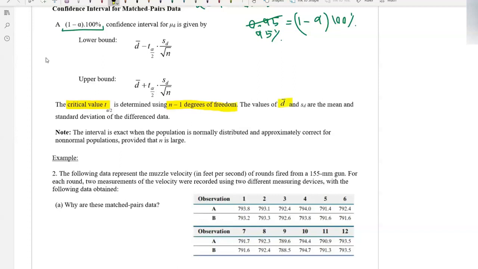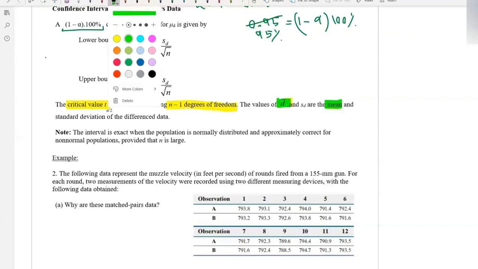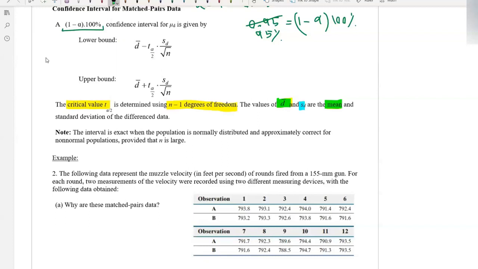So this d bar is the mean, and SD is the standard deviation. This is based on data, so d bar is the mean of the difference data, and SD is the standard deviation of the difference data.